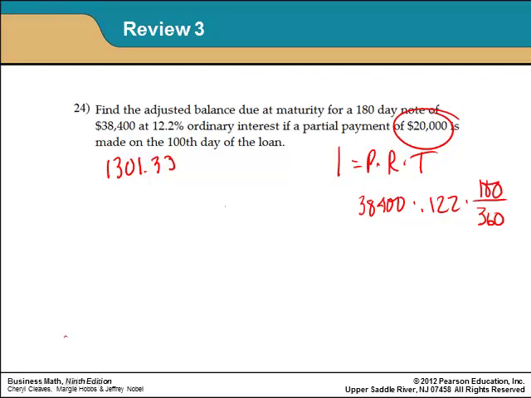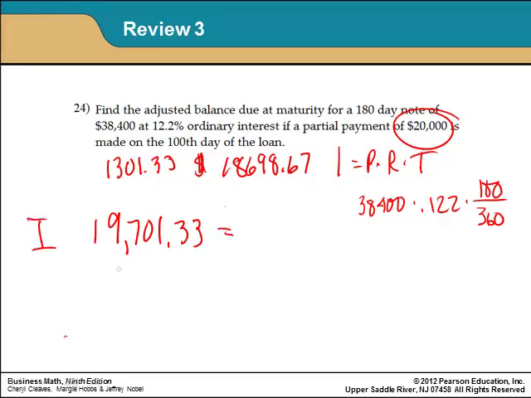So take that away from $20,000, and that means that only $18,698.67 is subtracted from our principal. So subtract that from the 38,400, and we still have $19,701.33 left. So how much interest do we have? Times our rate, 0.122, times, since it's a 180-day loan, we have 80 out of 360 left to pay.